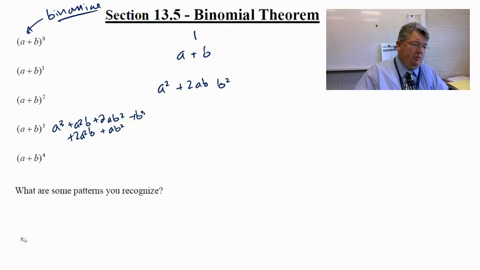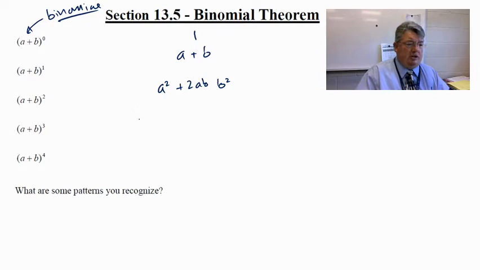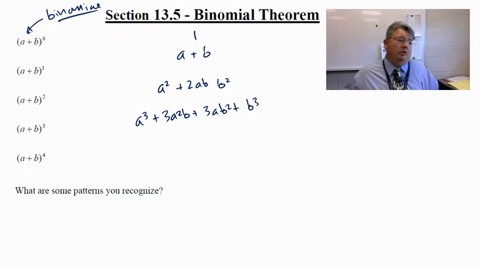Okay, I think I can remember that enough. I'm going to erase that all and bring it all down because I want this to seem pretty for a second. So I've got a cubed plus 3a squared b plus 3ab squared, there we go, plus b cubed. These are getting a little longer.